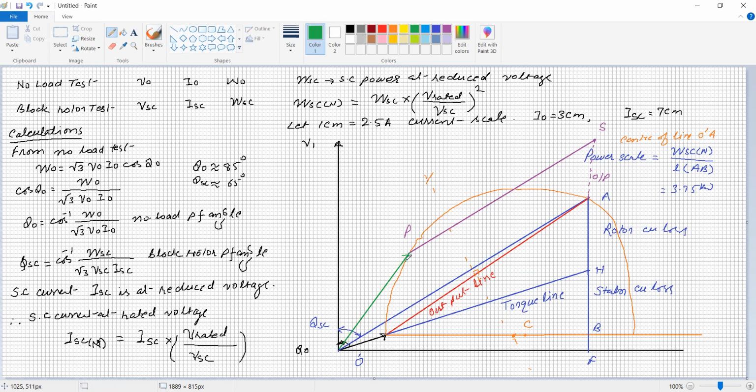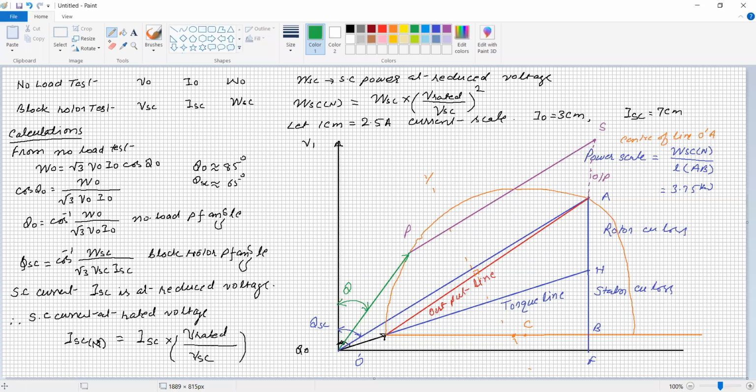The angle between voltage and full load current will be the power factor angle, or operating power factor angle, of the induction motor. So this is the way up to this one.